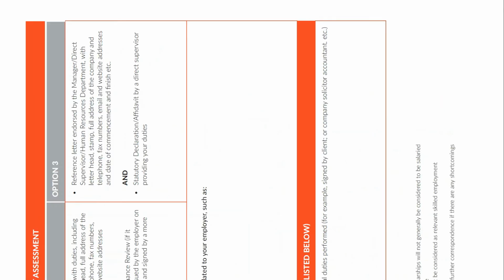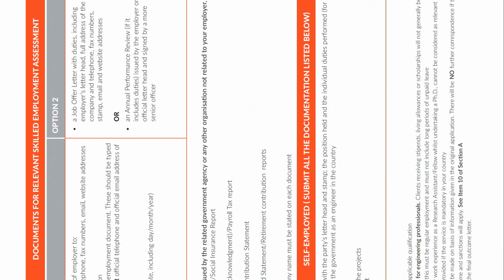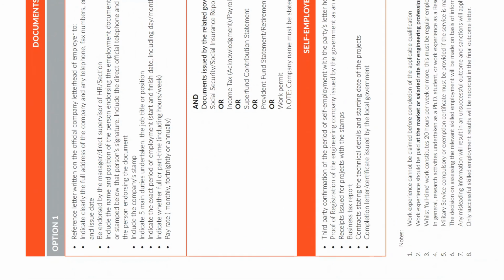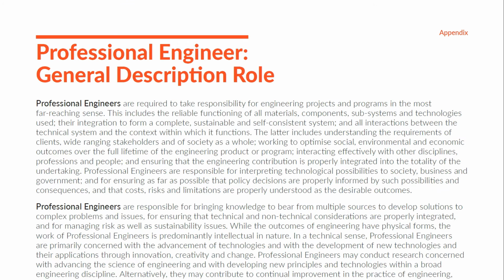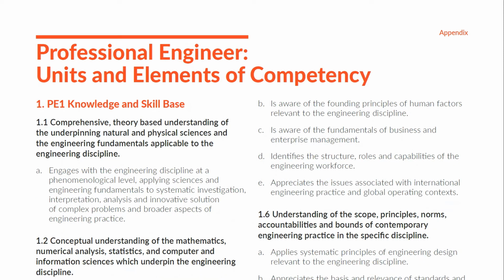Now the next part is these are the documents relevant to the application. And the professional engineers: they have defined over here what professional engineers are, what their responsibilities are, and the units and elements of competencies, like knowledge and skill based.